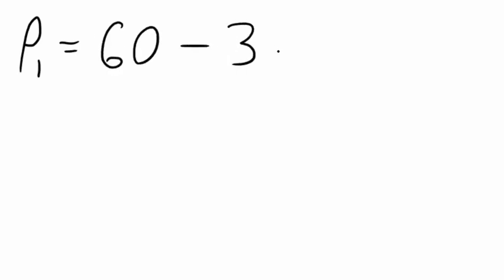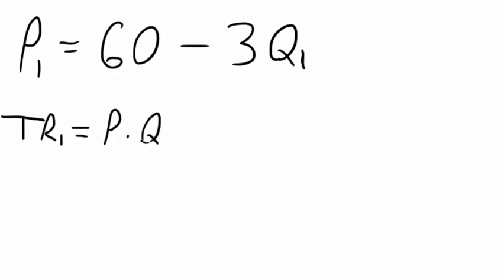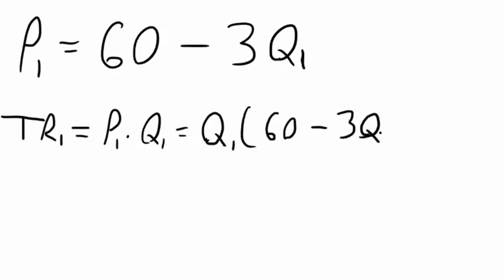Starting with our first price function, P1 equals 60 minus 3Q1, we want to get to our marginal revenue. First we go to total revenue, which is price times quantity. So we have Q1 times 60 minus 3Q1.